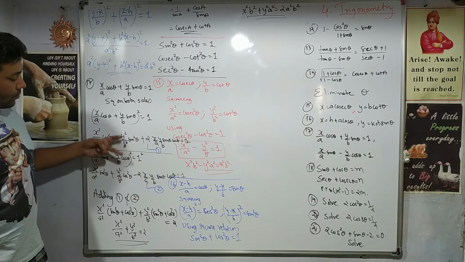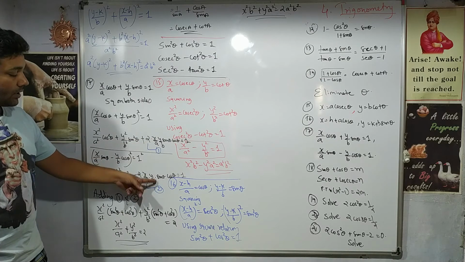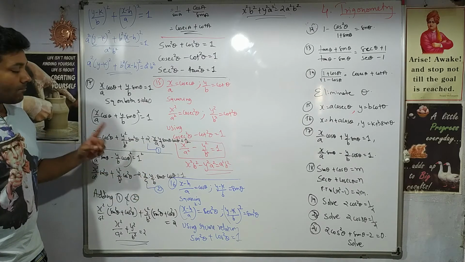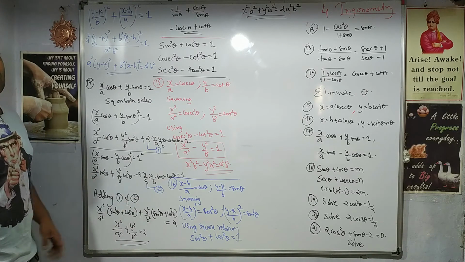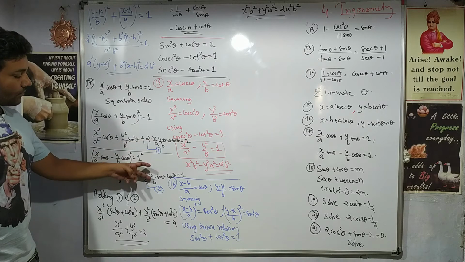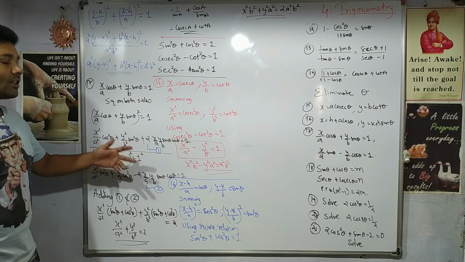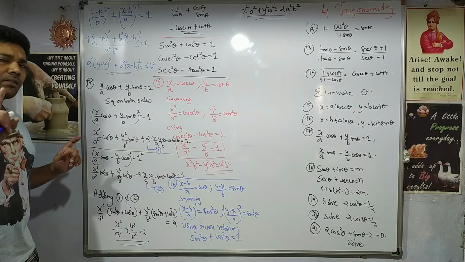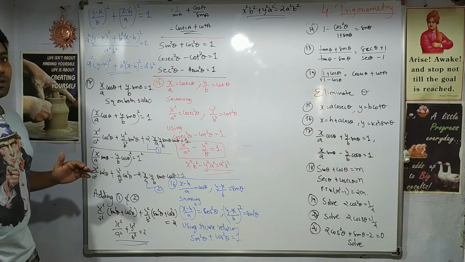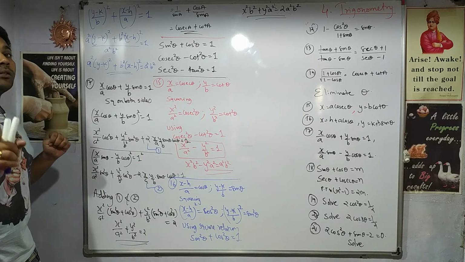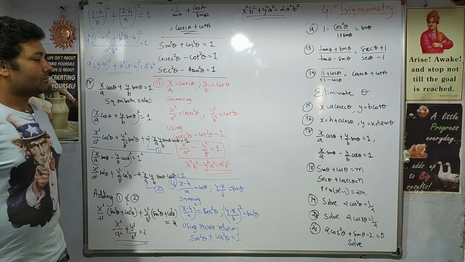Then looking at these two equations, I got an idea that these two terms are equal and opposite, and will get cancelled on adding. So I did an addition and ultimately the addition gave me the solution. If you identify some cancellation or some multiplication, even in one of the steps, then try with that step. Even if you don't get the answer, you will get some conclusion, and that will help you to improve your maths.